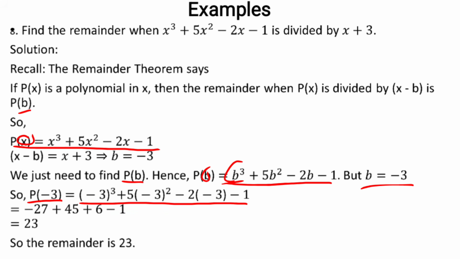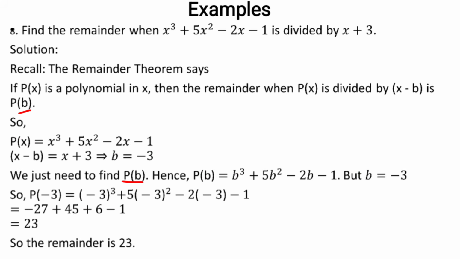Note I put brackets because the minus sign can be very confusing and tricky, so you put a bracket wherever the minus 3 is. That's what I've done all through, as you can see on the screen. So after simplifying, your final answer has to be 23. So we found the remainder. The remainder is 23. Okay, thank you.